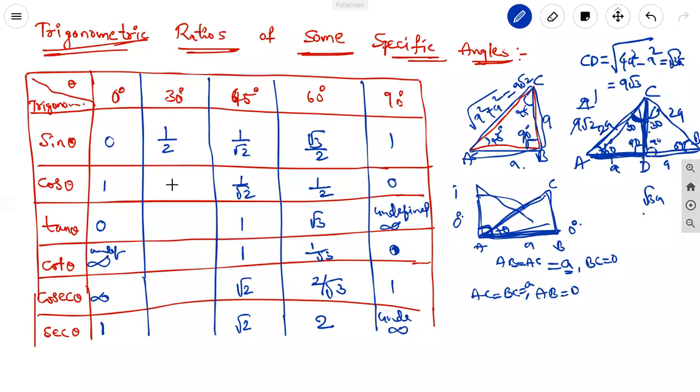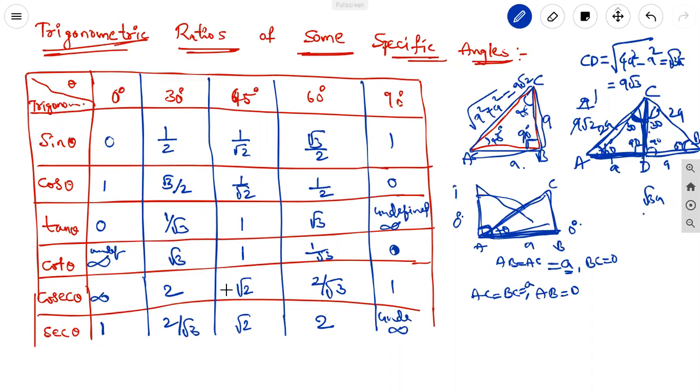A and A cancel, it is root 3 by 2. Tan theta is sin theta by cos theta, it is 1 by root 3. Cot theta is root 3, 2 cancel. Cosec theta is 1 by sin theta, it is 2. Sec theta is 1 by cos theta, that is 2 by root 3.